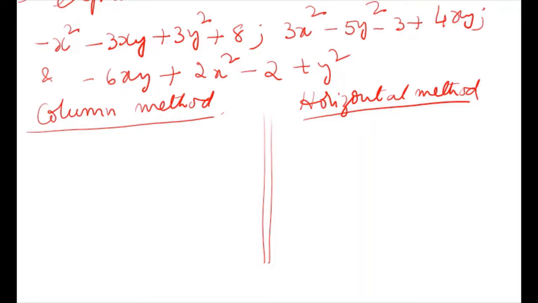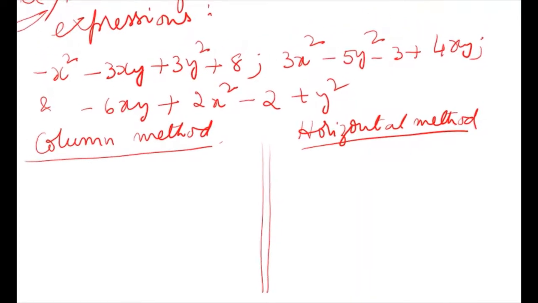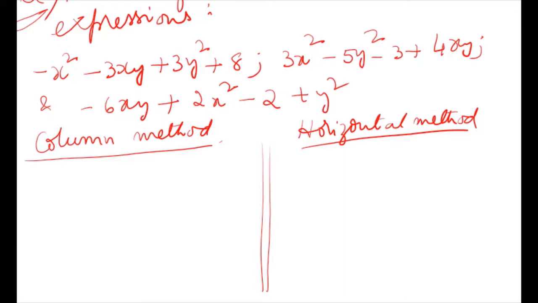Now, in column method, you have to arrange all similar terms in columns. That means, observe me carefully. Let me write the first expression as it is. So, minus x square minus 3xy plus 3y square plus 8.